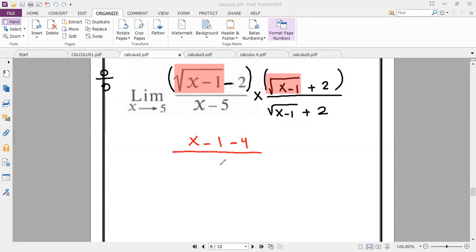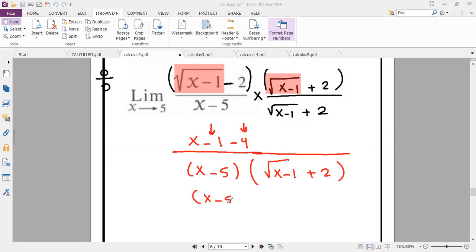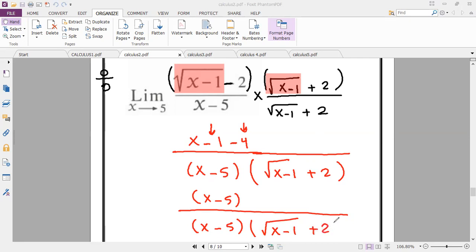Down here, you are going to write x minus 5 multiplied by the square root of x minus 1 plus 2. If we look at the top, you will get x minus 5 because we have negative 1 and negative 4. So it's x minus 5, all divided by x minus 5 multiplied by the square root of x minus 1 plus 2.